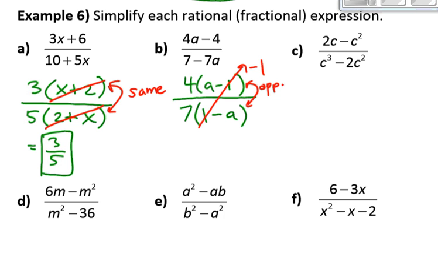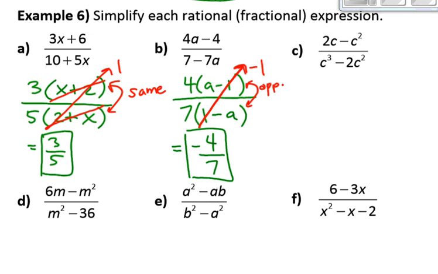Okay, so whereas the one in part A, I could cancel this out with one line and show that those are going to become 1. So 1 times 3/5 is just 3/5. But in part B, these, when they cancel out, are going to become negative 1. So I get 4 over 7, but times negative 1. So when the opposites cancel, you have to make your answer negative, or the opposite sign.